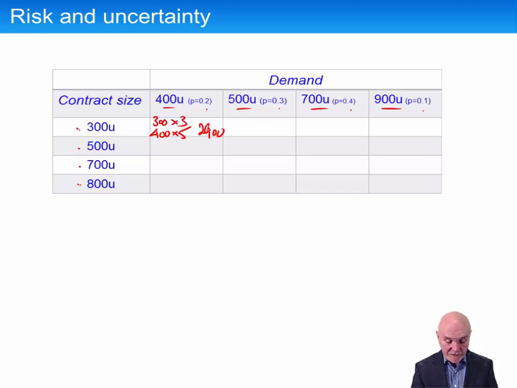The next one, we're going to get our 300 at 3, but then another 100 units at 5. So I think that's going to be 3,400, just adding on 500. Along here, we still have the 900 coming from these demands of 300, but it's going to be another 200 units at 5. That's going to be another 1,000. And again, another 1,000.